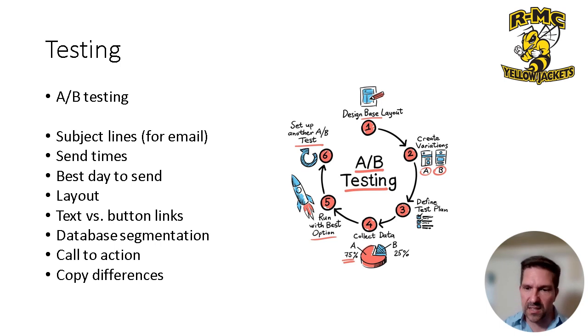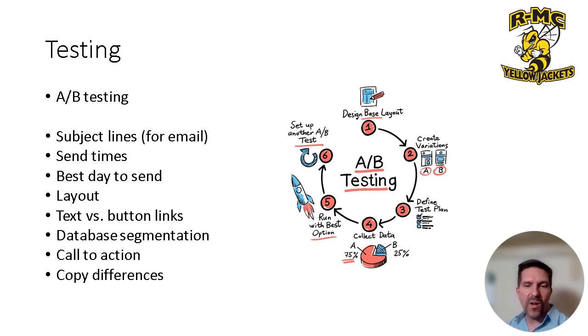What can you test? The answer is almost everything. We've already talked about subject lines and send times, and when I say send times, dates as well, you can compare. You can test the layout of the message, the tone of the message, whether you use text or images, and if you use images, what kind of images work better.